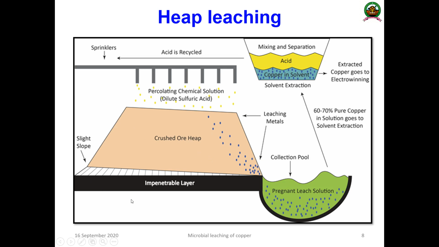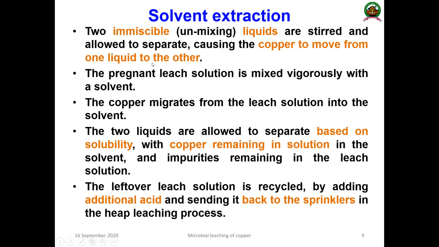So here we are interested in the first step, heap leaching, which is the important step. The second one is solvent extraction. Solvent extraction is a process of separating liquids, acids, between two immiscible, that is, unblendable or unmixable solutions.